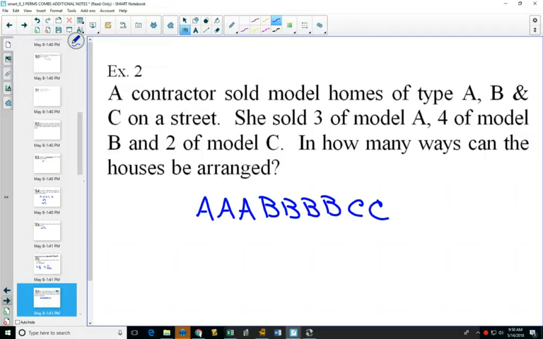And again, there's 9 houses. Normally it would be 9 factorial if they're all different. But we have identical objects. So we need to divide out that repetition.